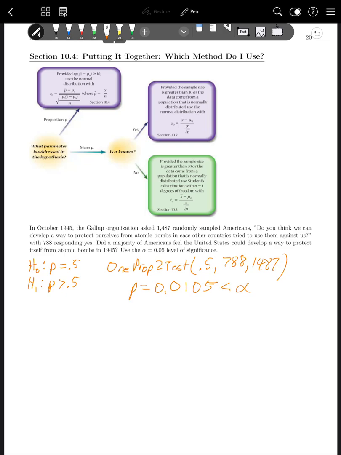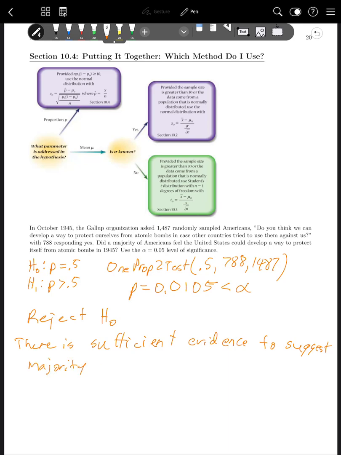So therefore, we would reject H naught, which means we could say there is sufficient evidence to suggest the alternative hypothesis, which in this case is there is sufficient evidence to suggest that a majority of Americans thought we could find a way to protect ourselves.